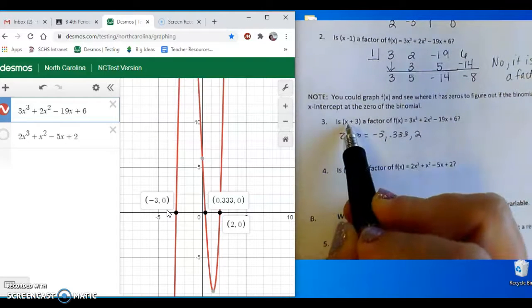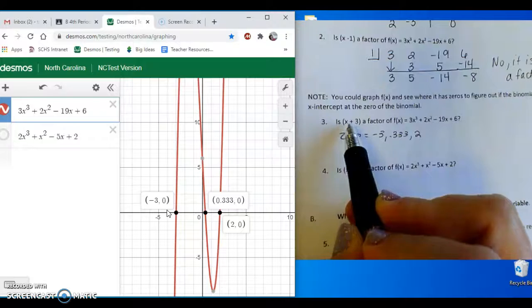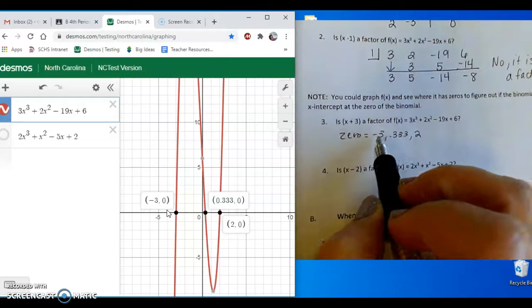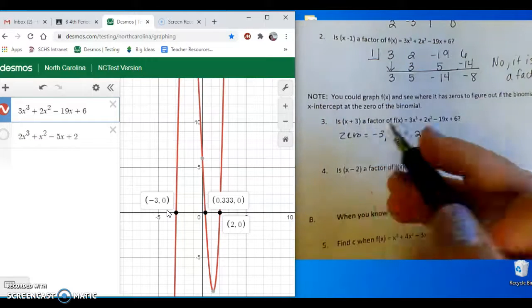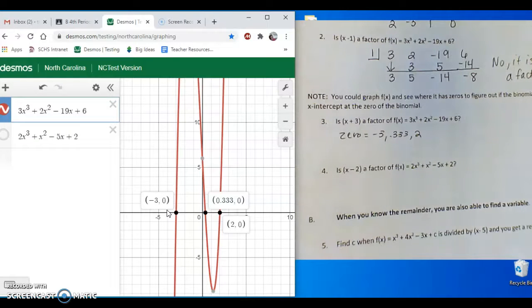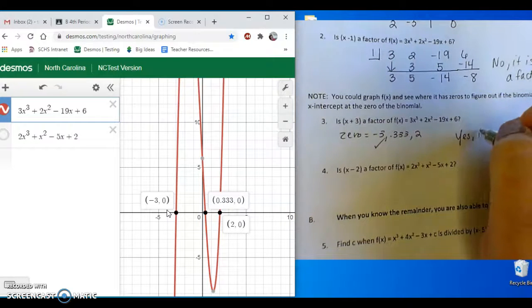Whenever you determine if x plus 3 is a factor, basically you just look to see is one of the terms the sign changed. Because if x plus 3 is a factor, then -3 must be a 0. -3 is a 0, so that means that yes, it's a factor.